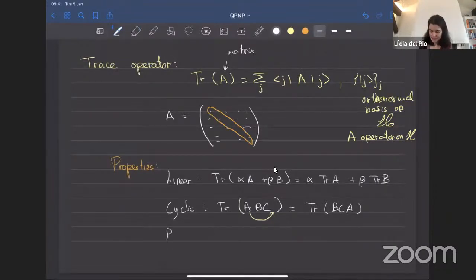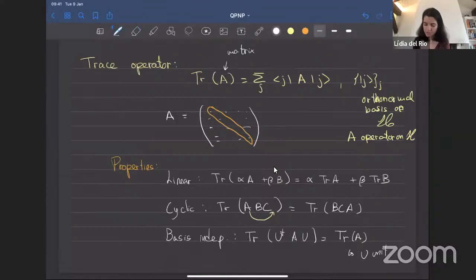And the last thing, a special case of that, is that the trace is basis independent, meaning I can choose any basis j here. Mathematically, if I apply some unitary before and after the operator, this again gives me the trace of A, for U unitary.